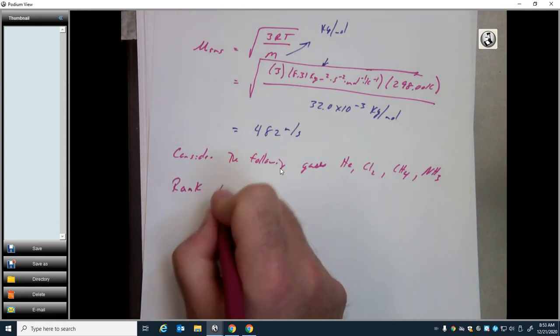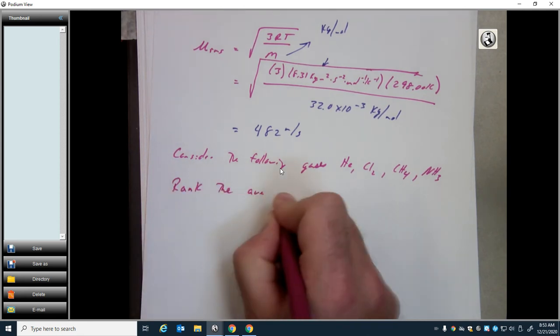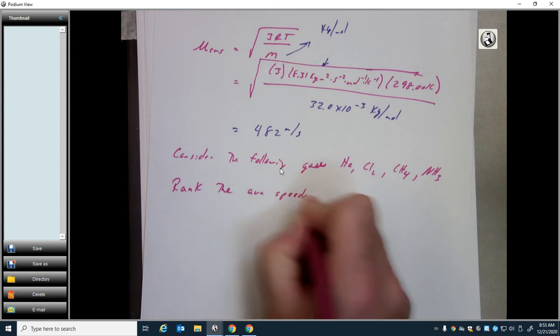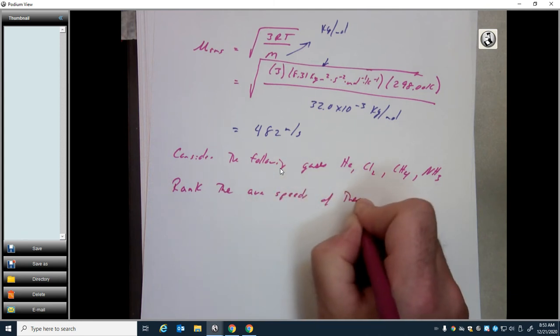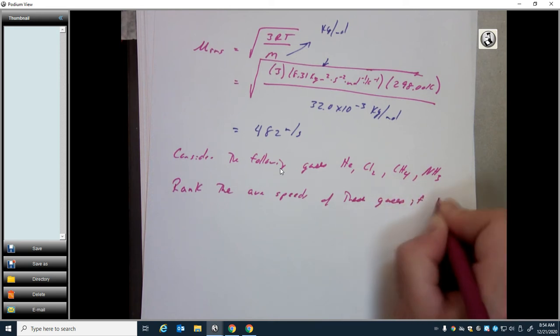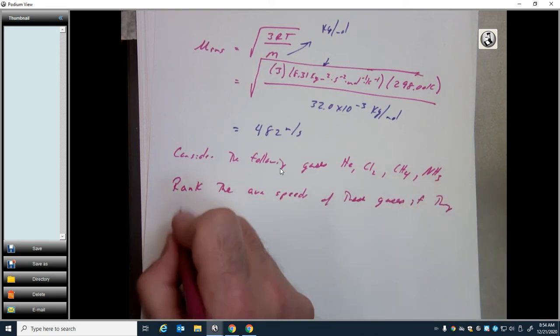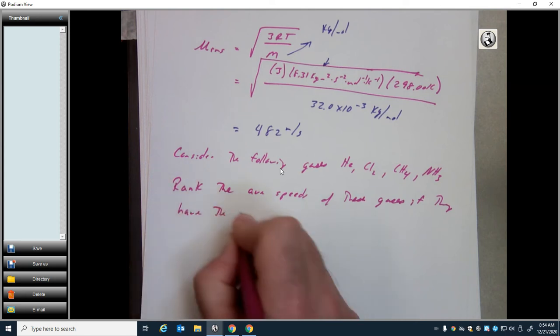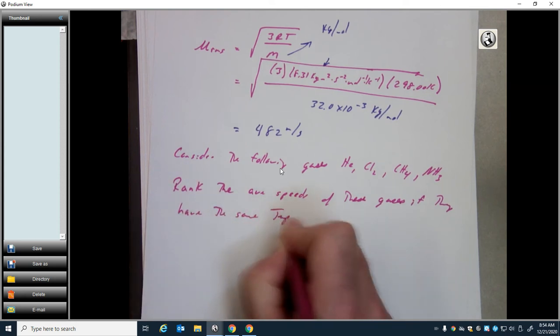Rank the average speeds of these gases if they have the same temperature.